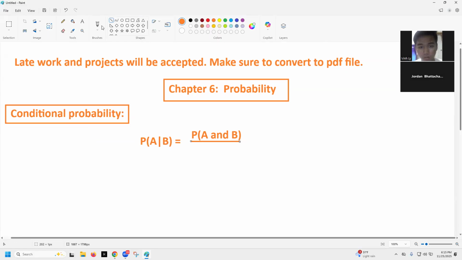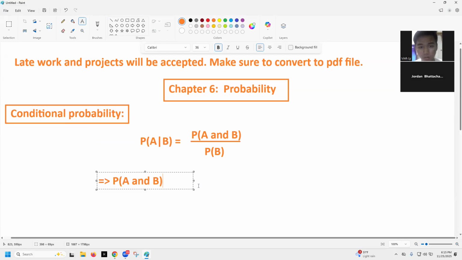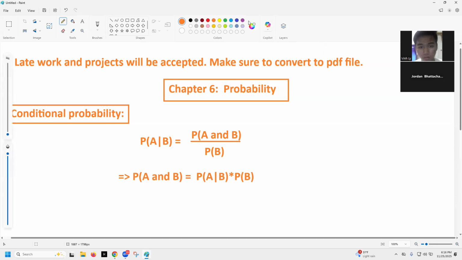And for the reason that you might be asked to find the probability of P of A and B, all we have to do is simply multiply the two probabilities together. Okay, so this one we call a conditional probability.